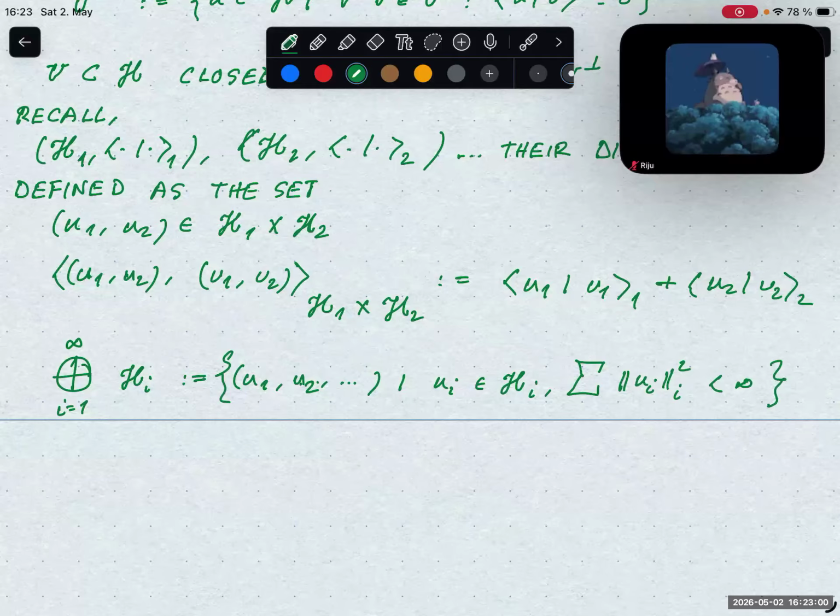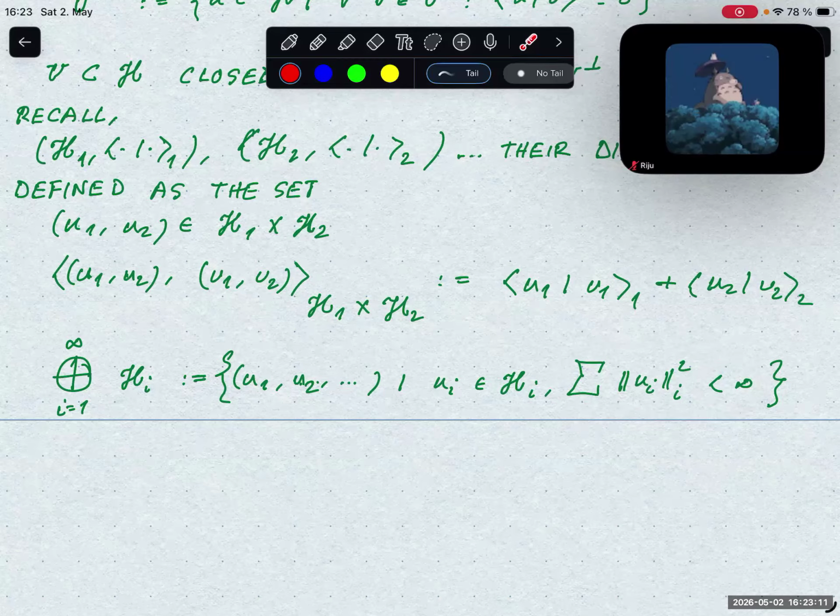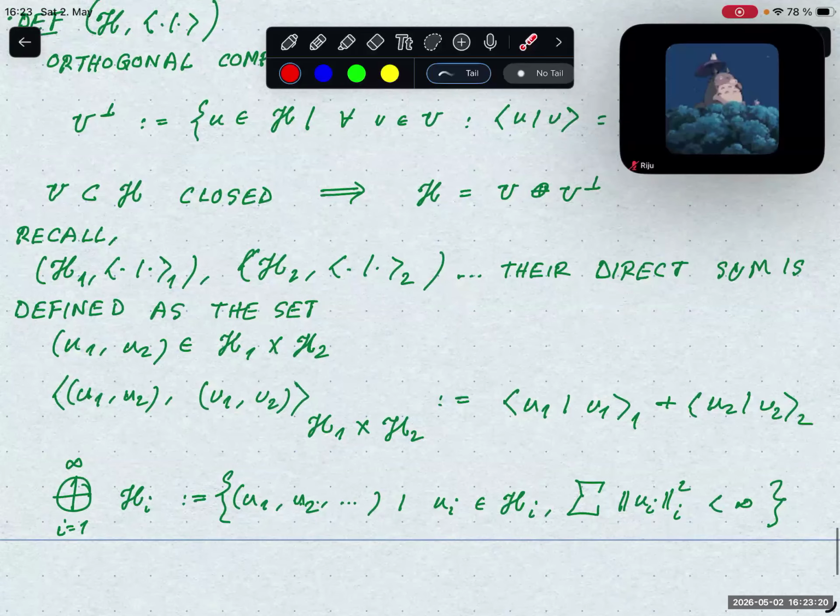This is the same definition as in linear algebra, except it is kind of automatic there because it was finite dimensional, but not in this case. So we have orthogonality, and we also have this nice decomposition. We will use this at some point.